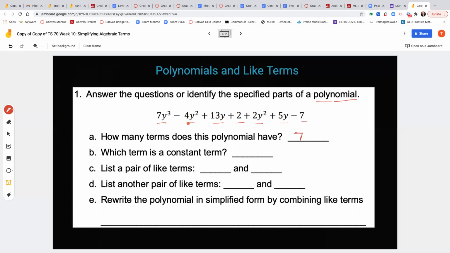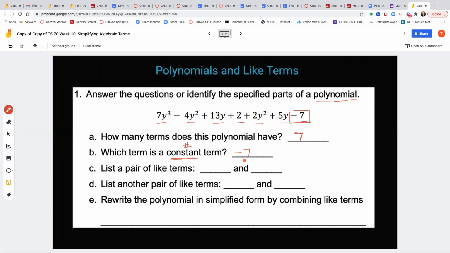Again, separate terms are separated by plus or minus. Which term is a constant term? We just learned that a constant is just a number. Which term is a constant? Well, there's only one, and it's over here. I'm going to draw a box around it, -7, because it's the same as -7.